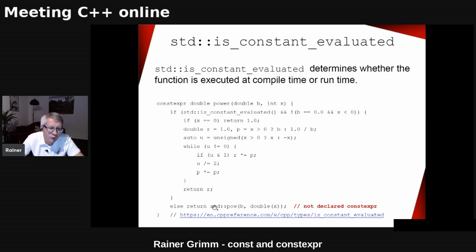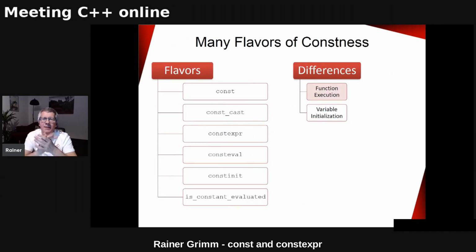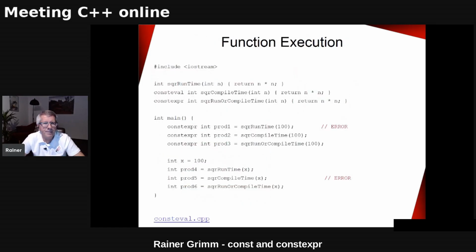Okay, and now to the clearing part. Let me make the difference clearer about function execution and variable initialization. Function execution. Here I have three different functions, and you see a usual function, a consteval function, and a constexpr function. All functions do the same, map n to n times n, so quite boring.